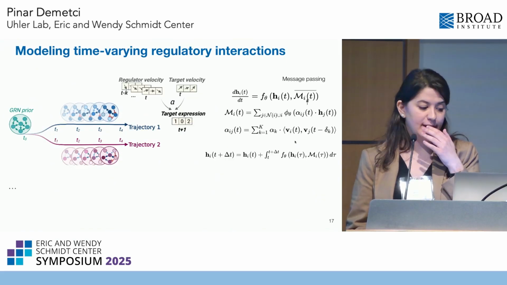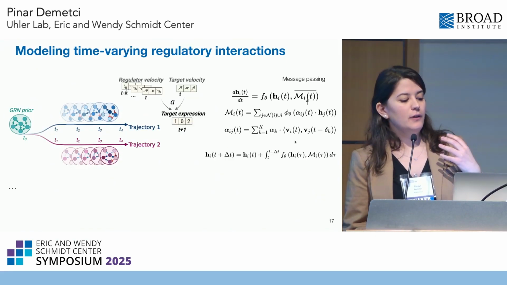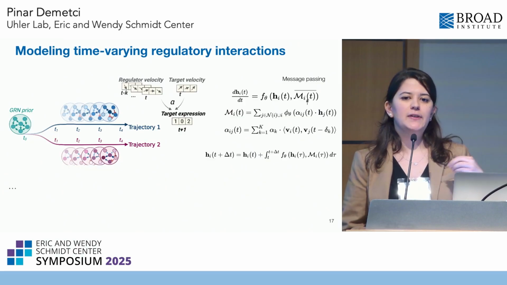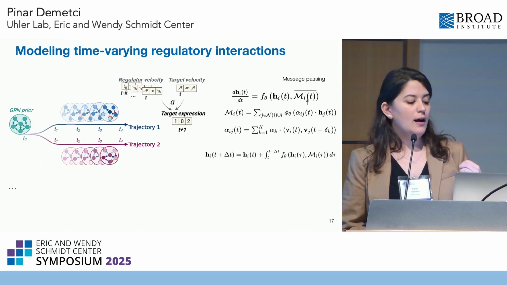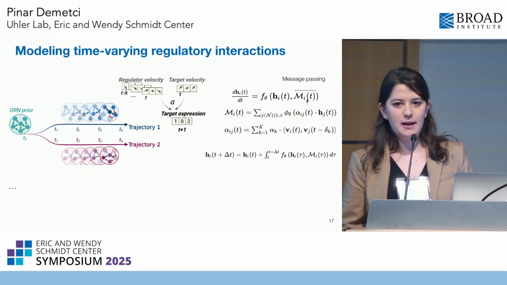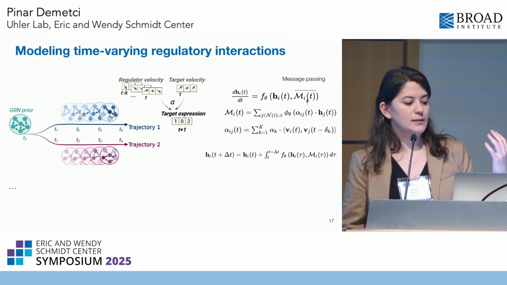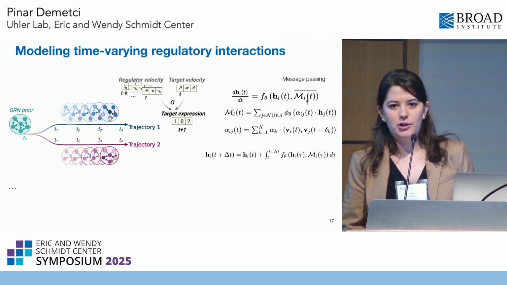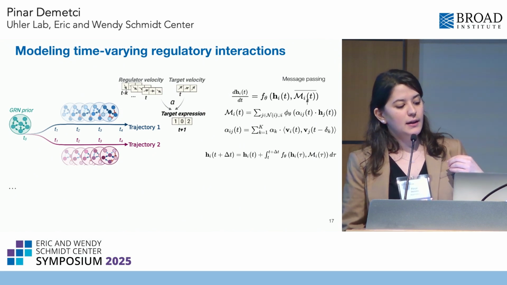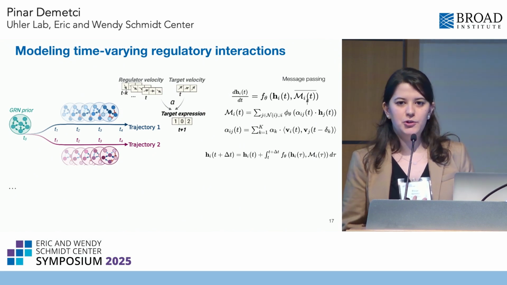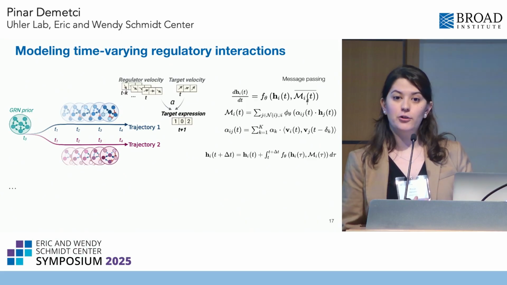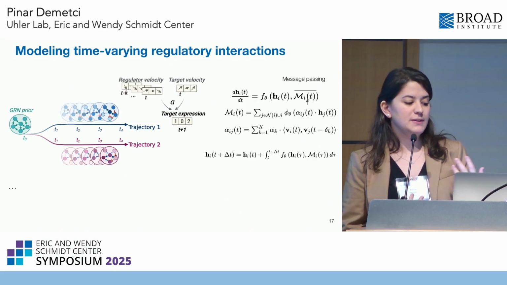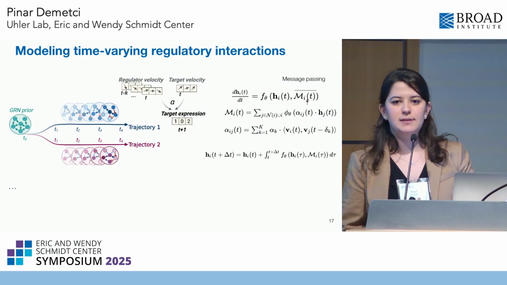So then what we can do is create these trajectory-specific time series data, order them based on the landscape, and then train a graph neural ODE in the biological time, such that the changes in the gene expression of the regulators of a target will try to predict the change in the gene expression of the target gene at that time point.